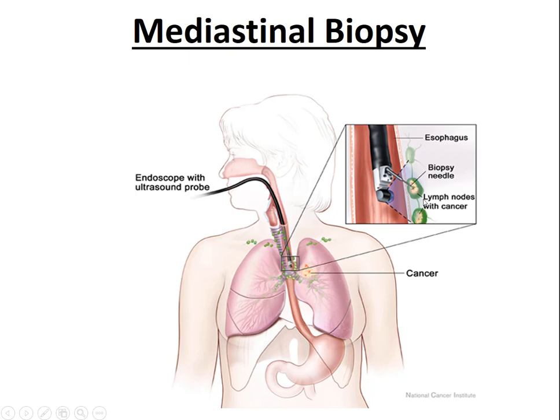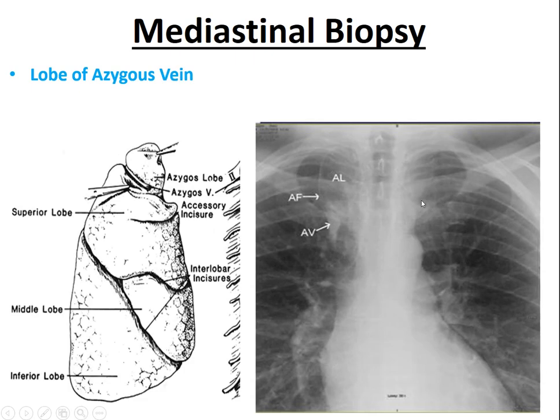But what we have to take into consideration is the lobe of the azygous vein. It is one of the variants of congenital anomalies of the lung. Usually the right side of the lung apex is developed lateral to the azygous vein, but sometimes some part is developed medial to the azygous vein, so the azygous vein is suspended like a mesentery, and that part of the apex of the right lung is known as the lobe of the azygous vein.